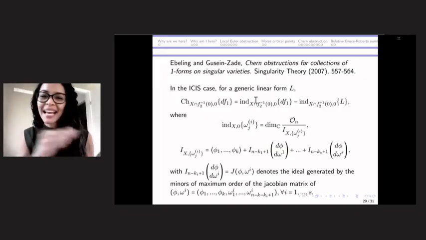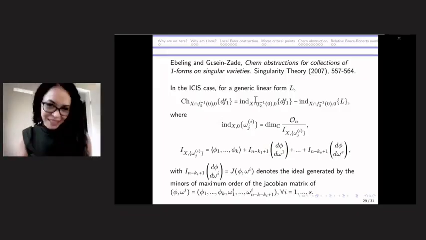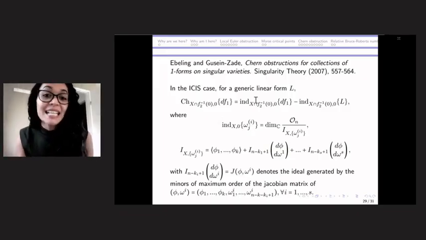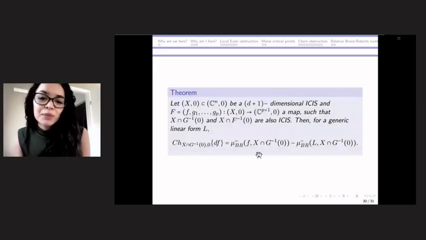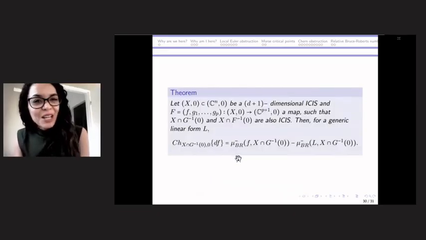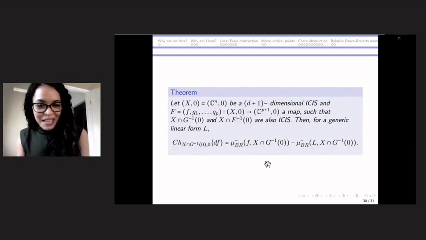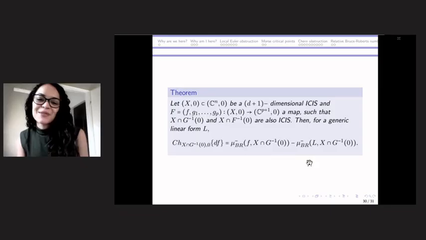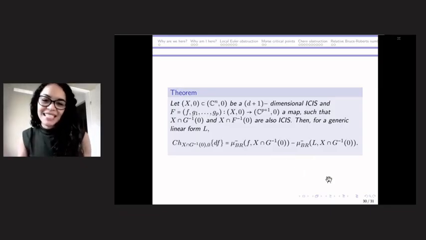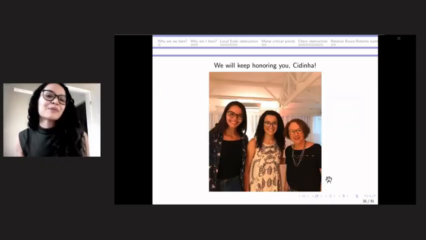So we gain something and lose something, but it's nice to see that this was an equality they had, Ebeling and Gusein-Zade, and we proved a similar one with the difference of relative Bruce-Roberts numbers. For the ICIS case, at least, it's something very nice to have this algebraic approach. All right? So this is it.